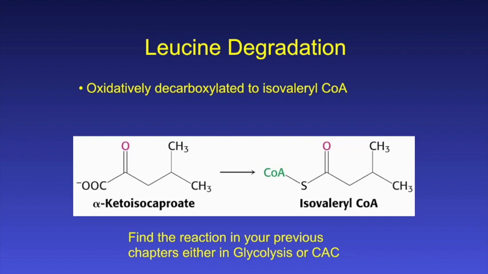You've seen it both in the transition between glycolysis and the citric acid cycle, and in the citric acid cycle. Okay? It is related to how pyruvate becomes acetyl-CoA, the pyruvate dehydrogenase complex, in which, if it was pyruvate, this would be a methyl group.